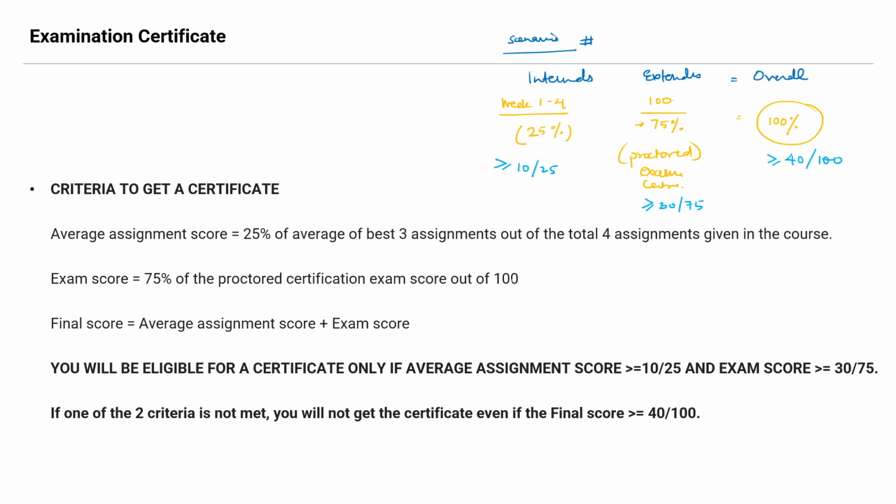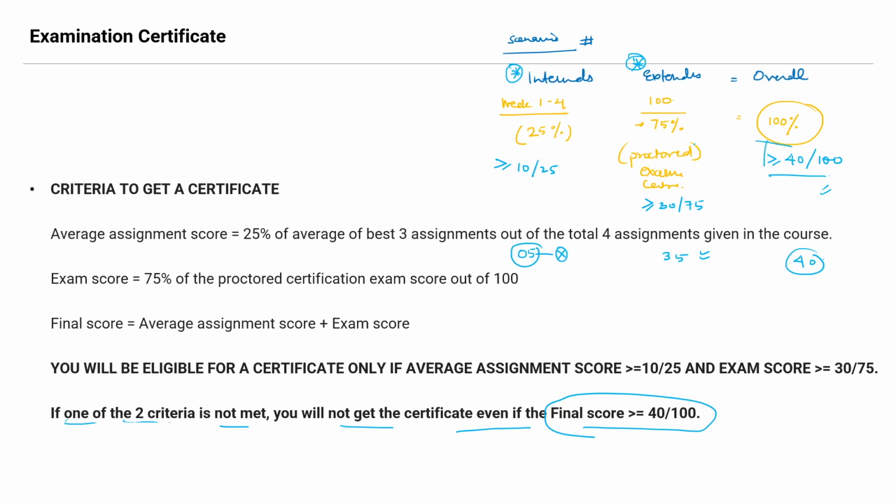So, if you scored 5 marks out of 25, but scored 35 in the external, and your overall score is 40, you are matching the overall criteria, but you are failing on the internal criteria. If one of the two criteria is not met, you will not get the certificate even if your final score is greater than or equal to 40. So you have to give due attention to all your internals as well as externals so that you fit into the criteria of overall greater than 40.